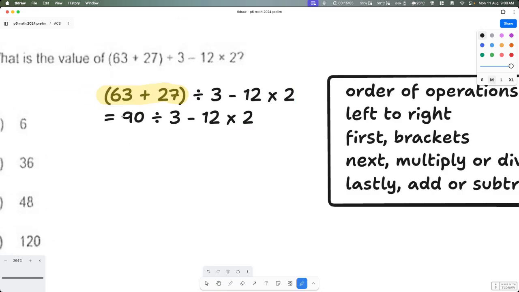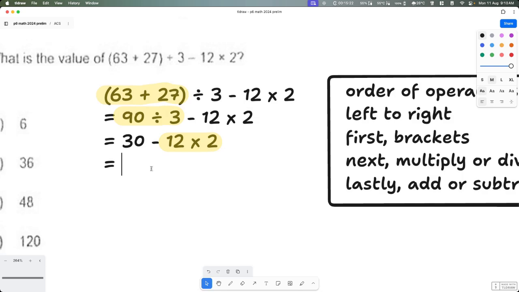So we do 90 divided by 3 next, and this will give us 30, minus 12 times 2. In this case, 12 times 2 will be the next one, which is 24. So we have 30 minus 24, and the answer to this will be 6.